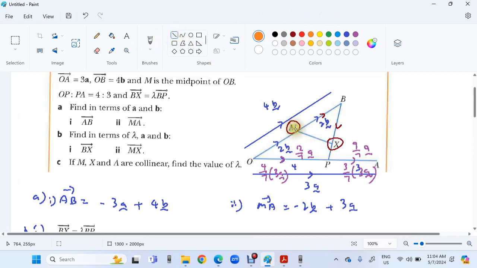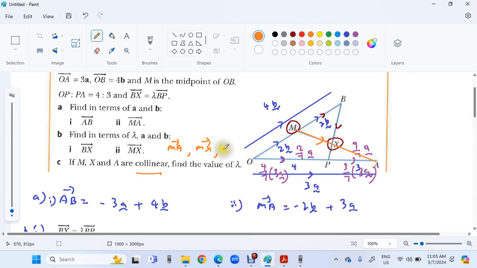So this is M, this is X, and this is A. Then I can say that MX, MA, or AX are a multiple of each other.